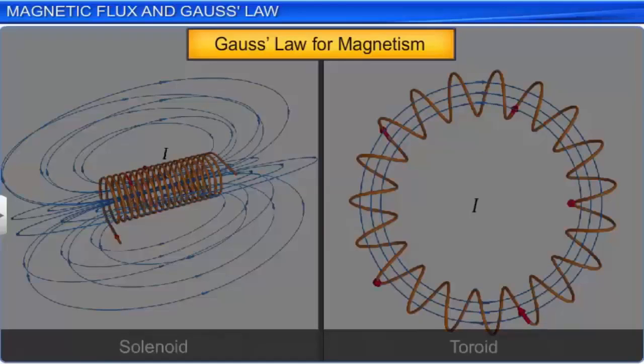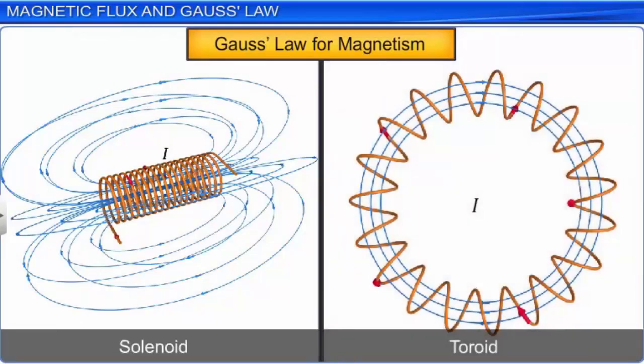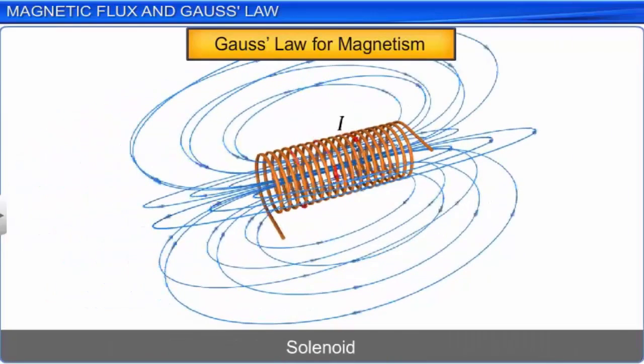For a better understanding, let's discuss Gauss law for magnetism with some examples, such as a solenoid and a toroid. In the case of a current-carrying solenoid, the magnetic field lines around it are similar to those due to a magnetic dipole.